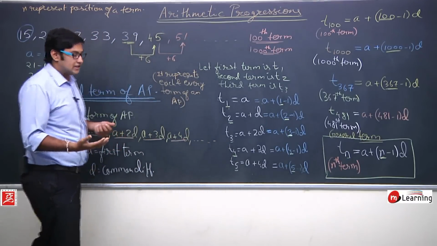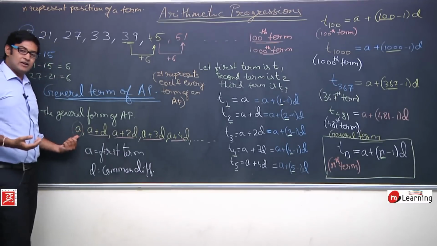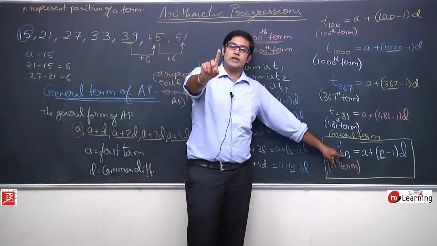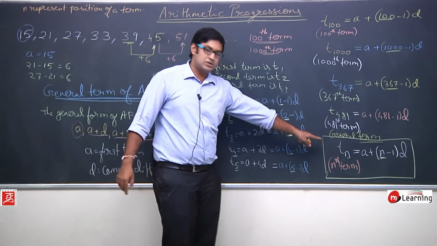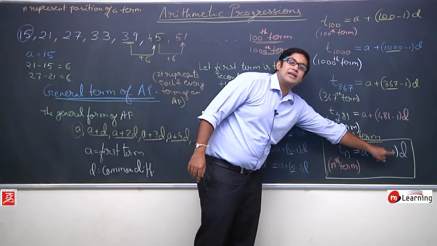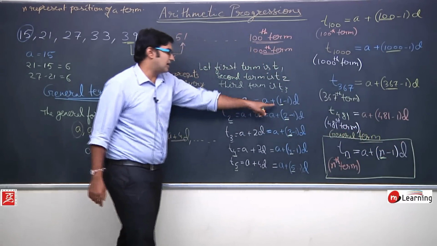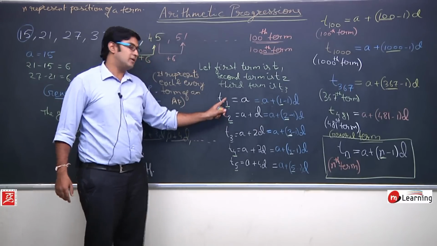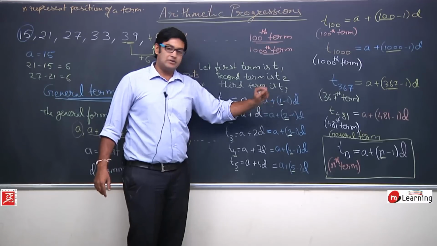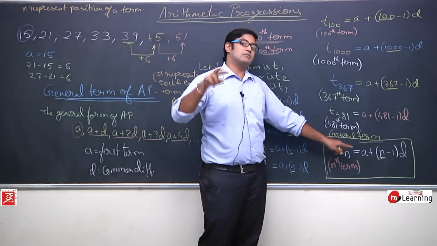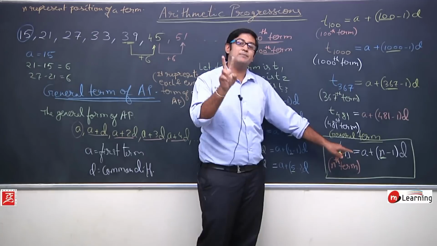Let us try to understand this. For the first term, this n will be equal to 1. You can see this. If I substitute n equals 1, so T1 will be A plus (1 minus 1) D, जो कि यहाँ पर लिखा हुआ है. Okay, this is the T1. n की जगह 1 रखेंगे तो it will be A plus (1 minus 1) D. If n is equal to 2, it will represent the second term, the term at the second position.